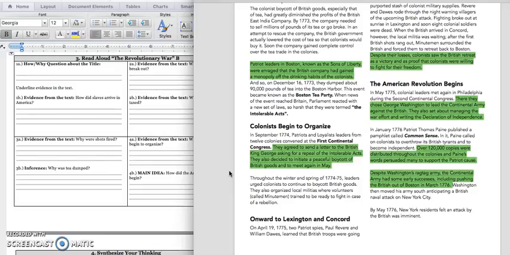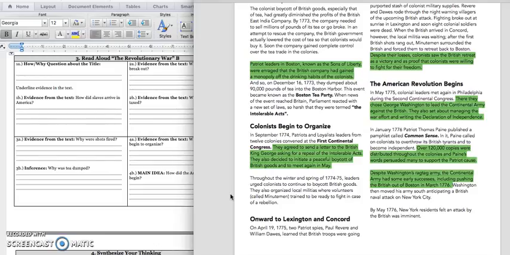They also decided to initiate a peaceful boycott of British goods and to meet again in May. Throughout the winter and spring of 1774 through 75, leaders urged colonists to continue to boycott British goods. They also organized local militias where volunteers called Minutemen trained to be ready to fight in case of a rebellion.